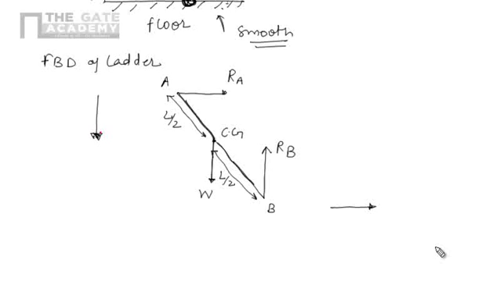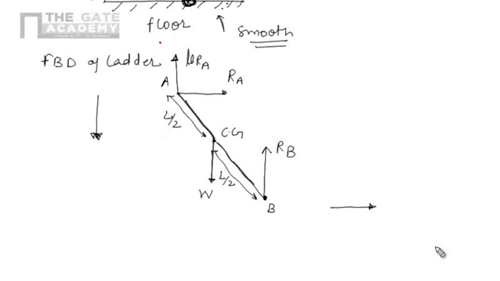So the frictional force will act in the opposite direction. So at A, the frictional force will be in the opposite direction of motion, so it will be in the upward direction and the magnitude will be mu RA. And here we are not considering any frictional force at point B because it is smooth, so there is no need of representing the friction.